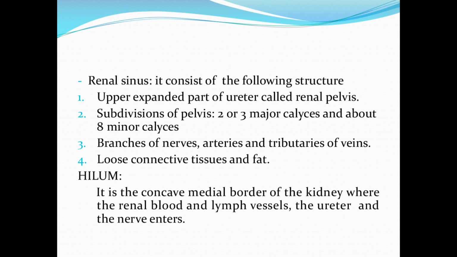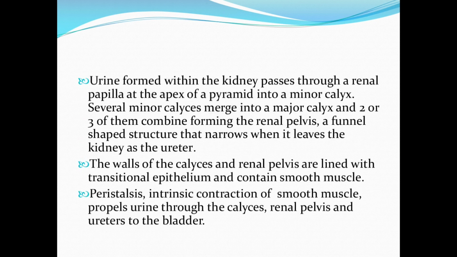Each kidney has 5 to 8 minor calyces, which group into 2 to 3 major calyces. The renal sinus has branches of nerves, arteries and tributaries of the vein, and loose connective tissue and fat. Now the hilum. It is the concave medial border of the kidney where the renal blood and lymph vessels, the ureter and the nerve enter.